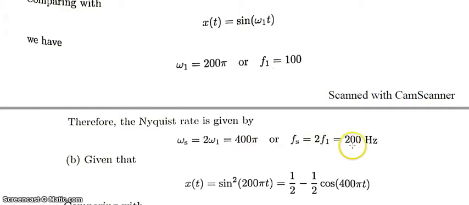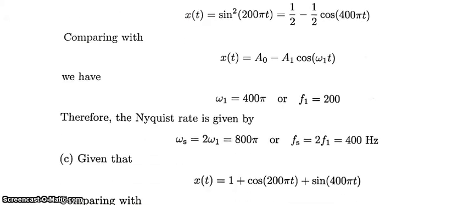Now the second question gives us x(t) = sin²(200πt). The first step is to express this signal as either a sine or a cosine function, and we know sin²θ = 1/2 (1 − cos 2θ).